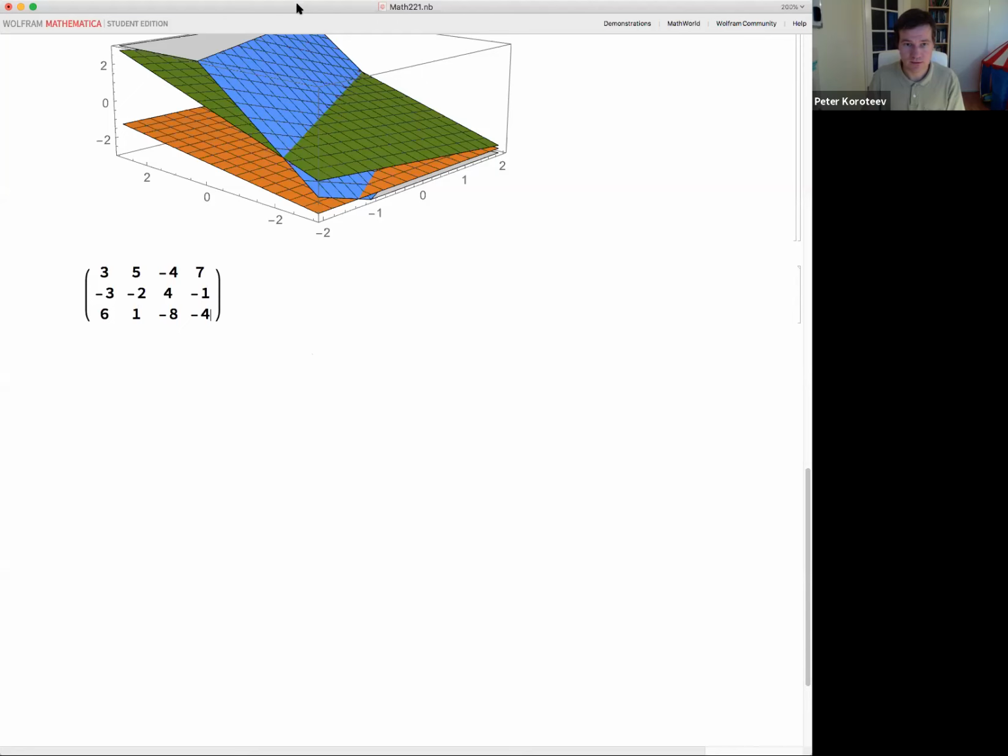Yeah, and then let's do the echelon form. So we can add the second row with the first one, right? That will give us 0, 3, 0, 6. And then multiply by -2 and add it with the third row.